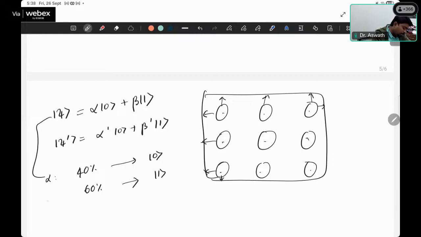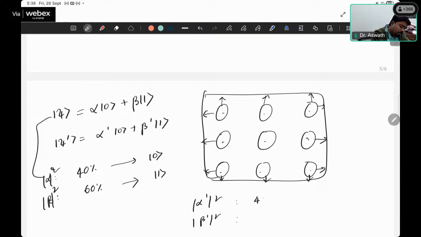The alphas and betas, or alpha squared, beta squared, are meant to have a connection to their probability amplitudes. But because of the interaction with the surroundings or walls, probably alpha prime and beta prime have become slightly deviated.